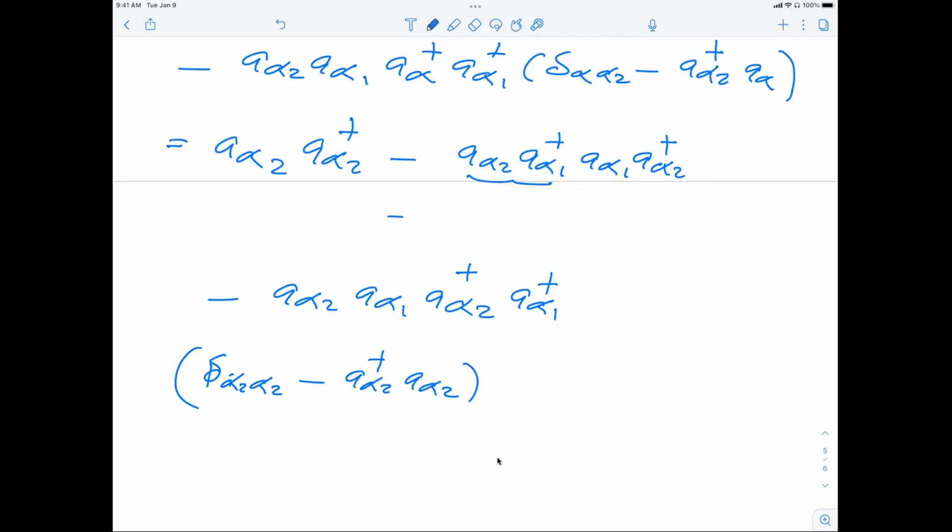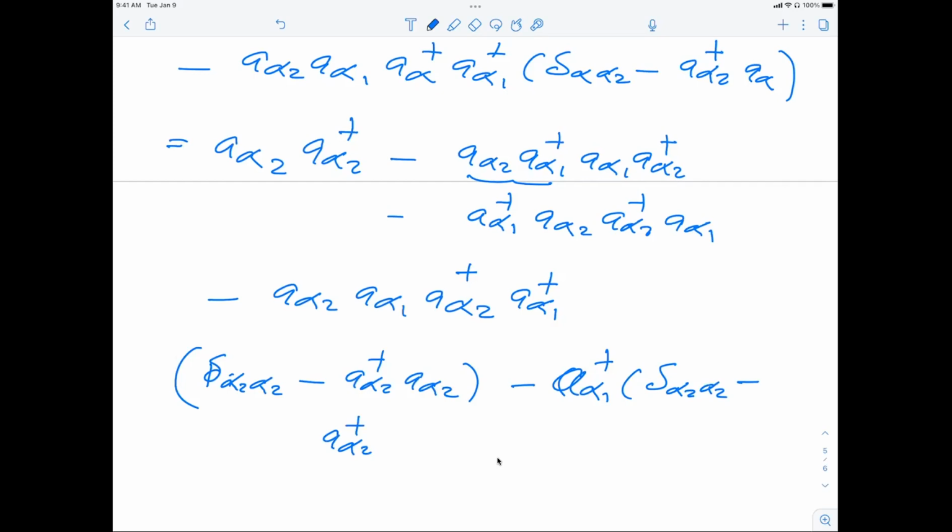So since I'm going to do this 2 times, I get minus, and then I have an a alpha 1 dagger, a alpha 2 here, and then I have an a alpha 2 dagger times an a alpha 1. And then I use the Kronecker deltas here. So I'm going to get a minus, and then I have an a alpha 1 dagger, and then I have a Kronecker delta alpha 2 minus, and then I have an a alpha 2 dagger multiplied with a alpha 2, and this is multiplied with a alpha 1, like that.